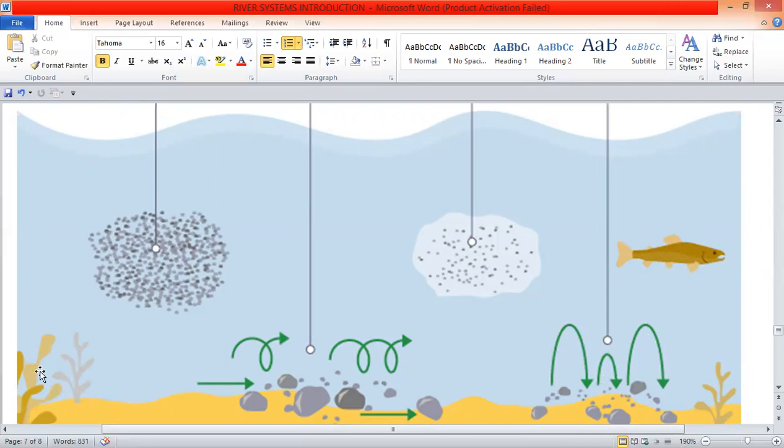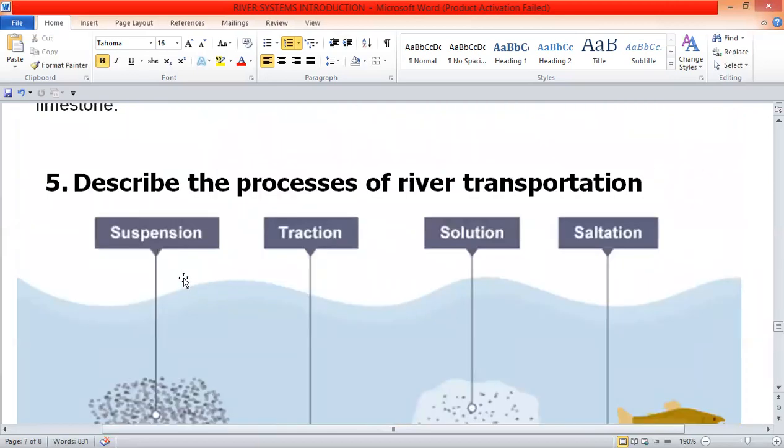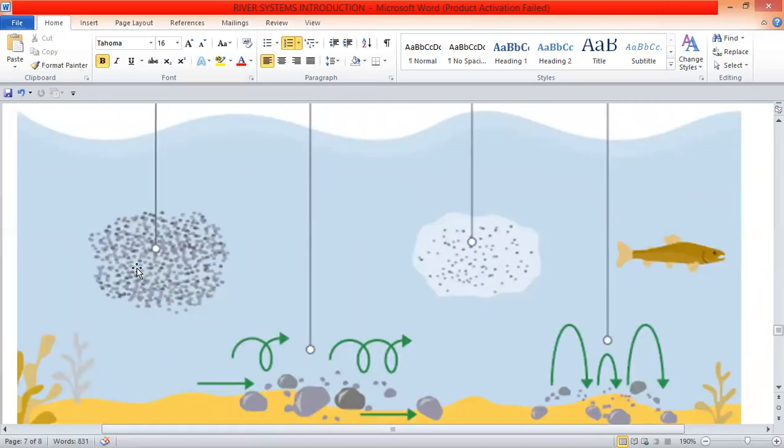Okay, so this stream is flowing this way. The arrows are showing the flow. Here, traction is dragged along, but saltation bounces up and down. As they bounce up and down, they are moving downstream. Then we have suspension. In suspension, light river load is floating on the surface of the water.